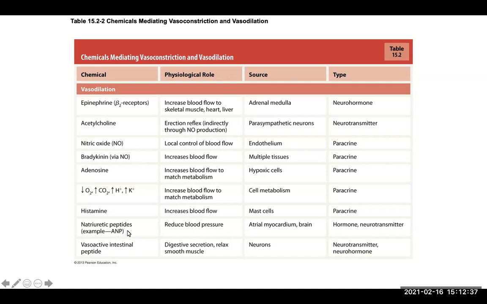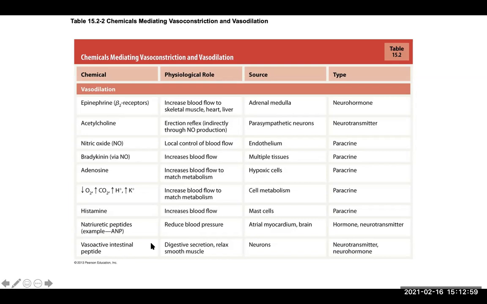Next one is your ANP. So ANP is an atrial natriuretic peptide. It's a hormone or a neurotransmitter that gets specifically released and targets the heart. So, released from the heart, and it's going to increase your sodium loss in the kidneys and then therefore release blood pressure.